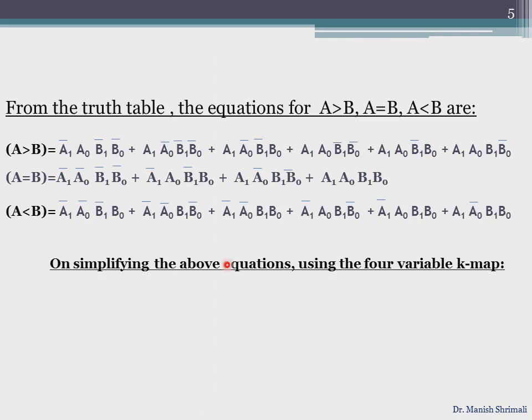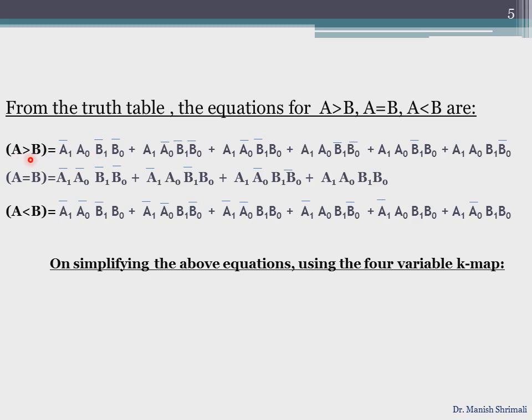So here you can see that from the truth table the equations for all the three outputs, that is for A greater than B, A is equal to B, A less than B, have been written, and considering the minterms we have written the equation, that is the SOP equation, sum of product equation for all the three outputs.